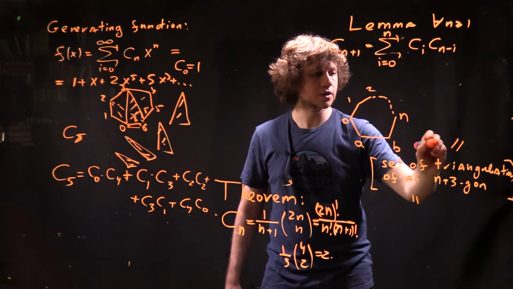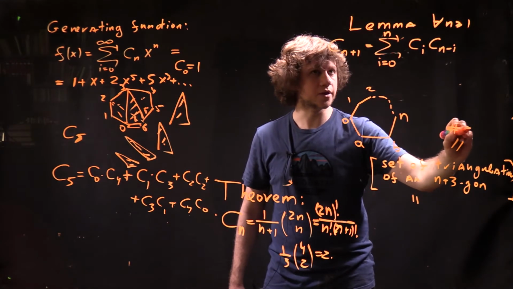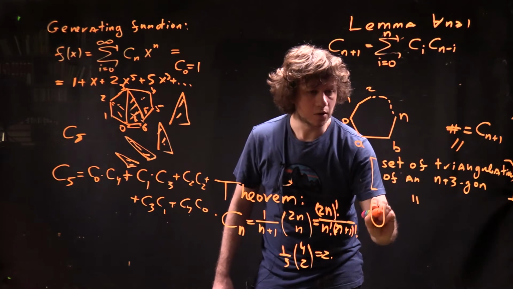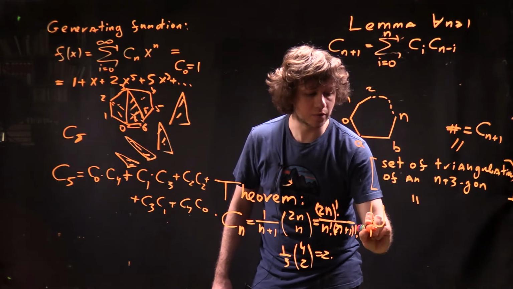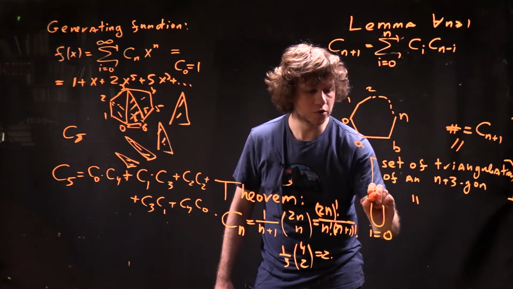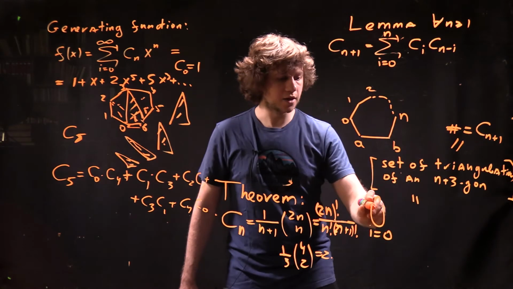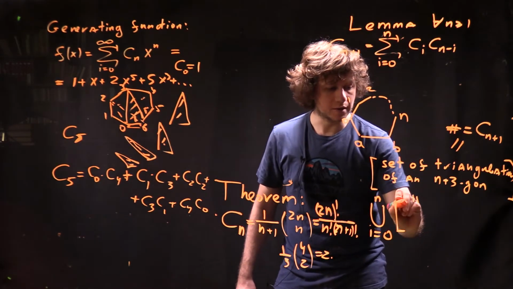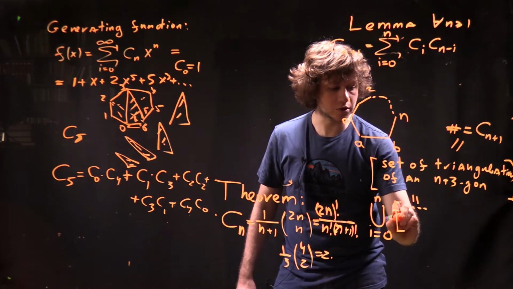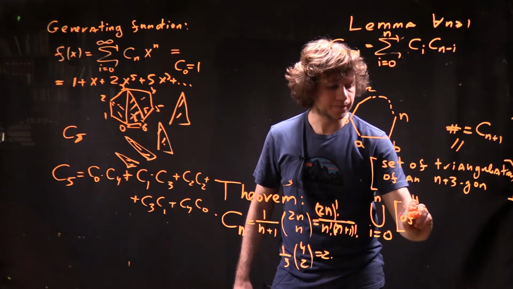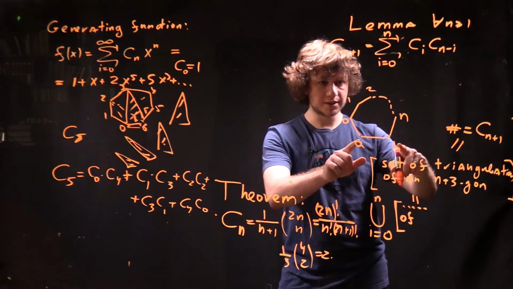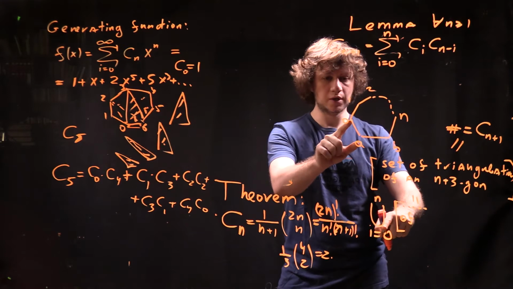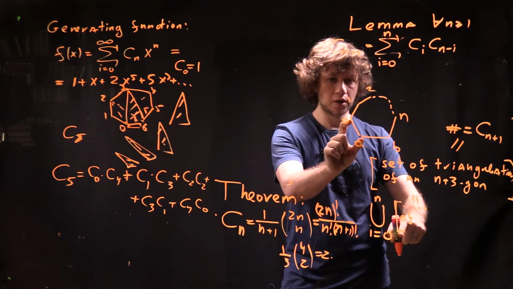So here the cardinality equals Cn plus 1, and then I will take a union over i from 0 to n, and for each i from 0 to n, I will take the set of triangulations of, now let's see, so i equal to 0, this is a 2 gon.